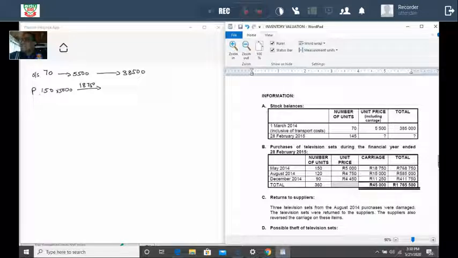We have to look at the value of the carriage for each of the units and attach it there.